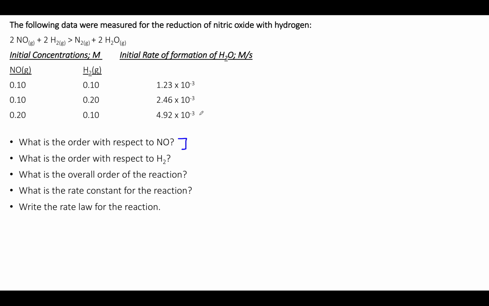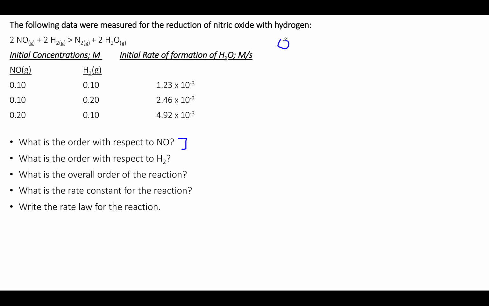So I'm going to use this line of data for the order of NO, but I need to use the first line of data as well. I cannot use the second line because the hydrogen gas concentration is changing, and that's not going to work. The hydrogen gas needs to stay the same, so we can just look at the nitric oxide. So don't make that mistake.